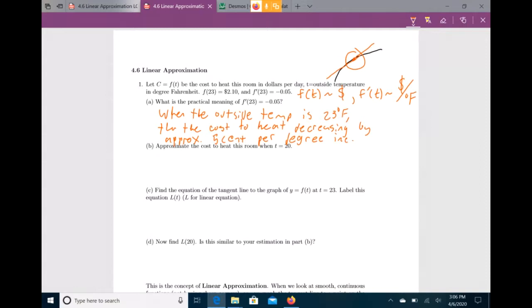Okay, and this should make sense that as the temperature increases, the cost to heat the room decreases.